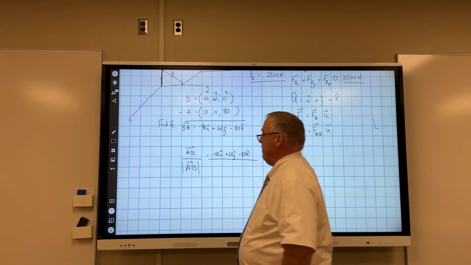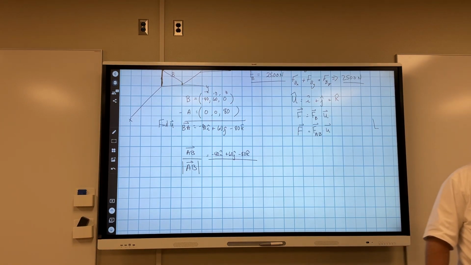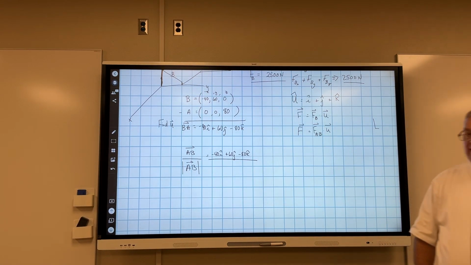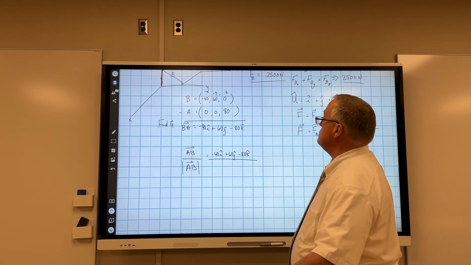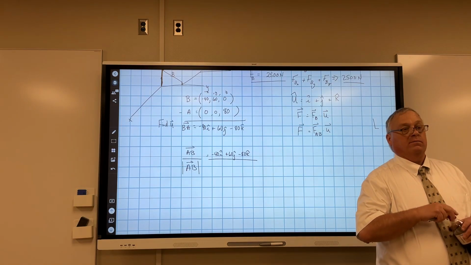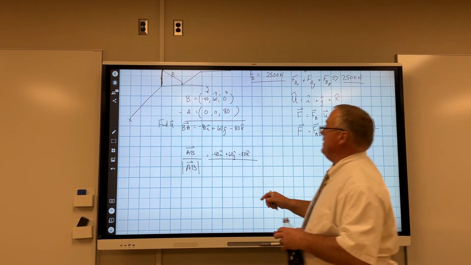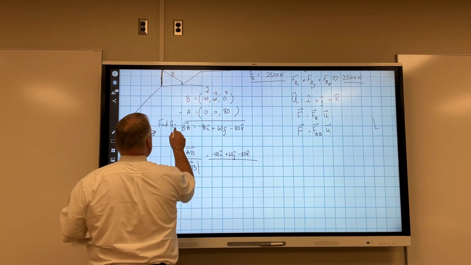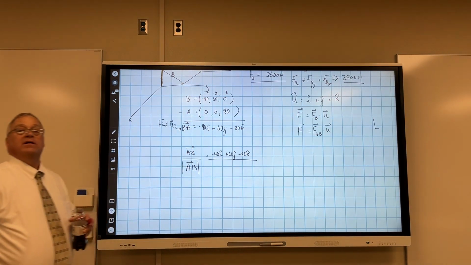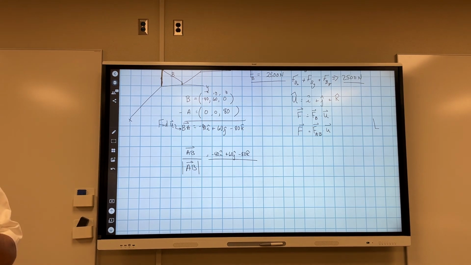How can I find the magnitude? Shouldn't that be the unit vector? Well, that is the unit vector. So what is the unit vector over the magnitude of the unit vector?